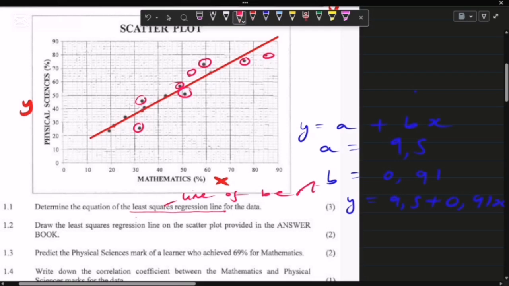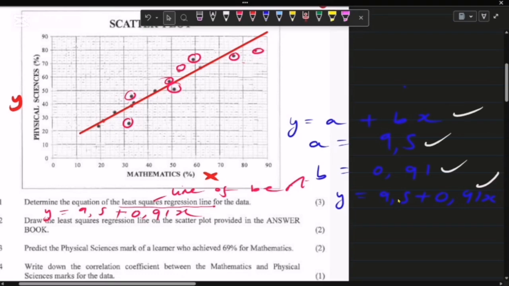So the answer is y is equal to 9.5 plus 0.91x. Now, in an exam or in a test situation, what you do is you have to write down this step, this one, that one, and the final one, in order for you to get all the 3 marks.